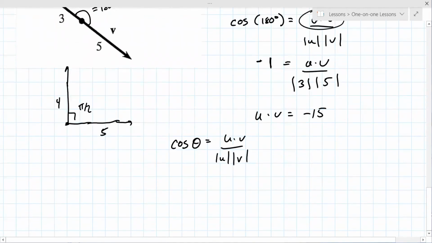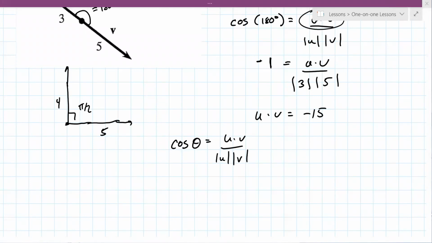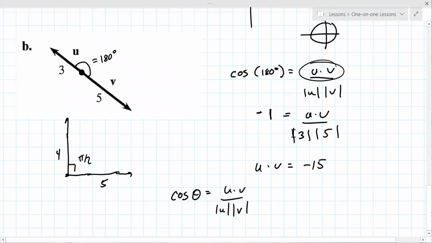So then it's cosine. So 4 times 5. Is it 0? Yes. Okay.